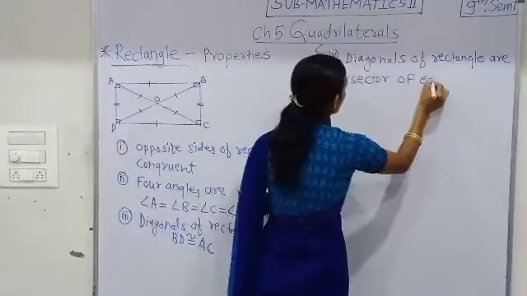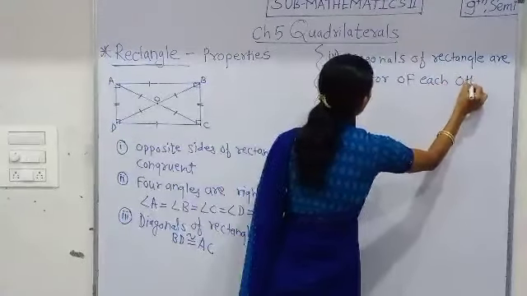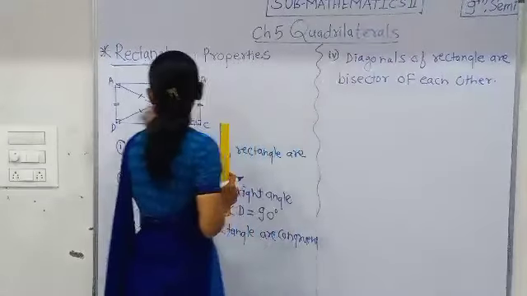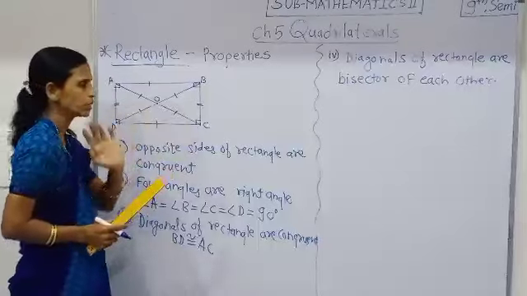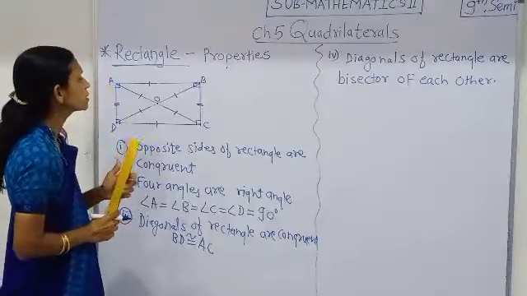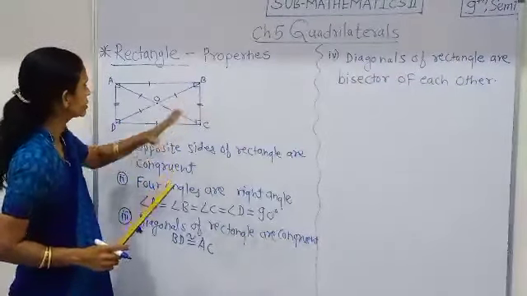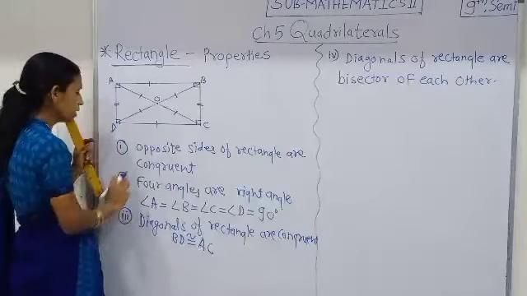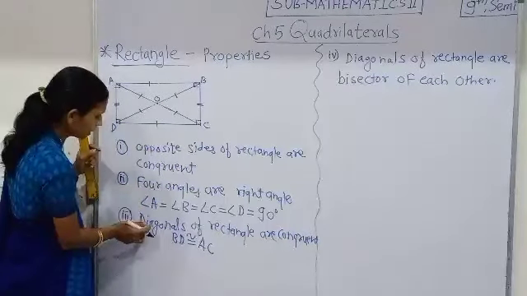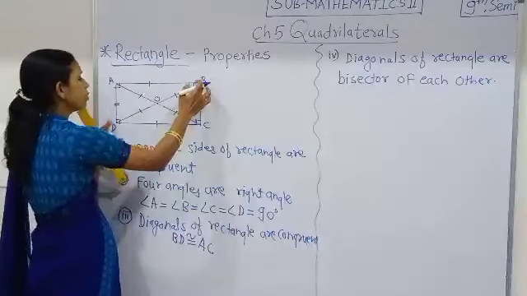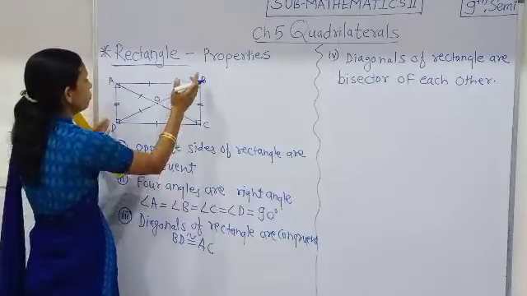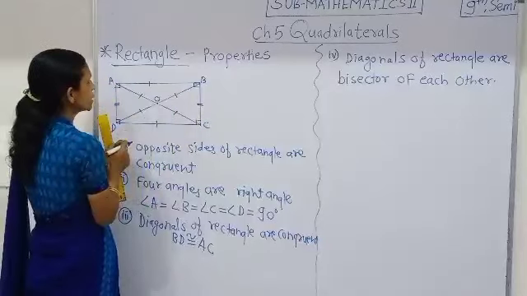Bisectors of each other means AC is a bisector of BD and BD is a bisector of AC. That is about the properties of rectangle. And one more property: diagonals of a rectangle are congruent. That means BD is congruent to AC, and BD and AC are bisectors of each other.